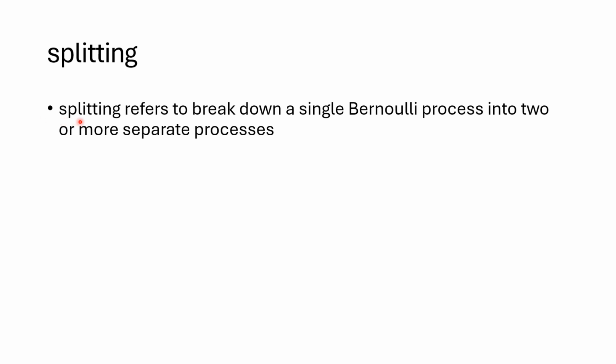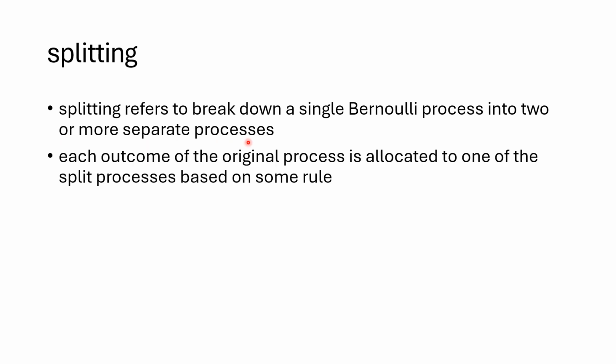And last, we will talk about splitting. Splitting refers to breaking down a single Bernoulli process into two or more separate processes. Each outcome of the original process is allocated to one of the split processes based on some rule.